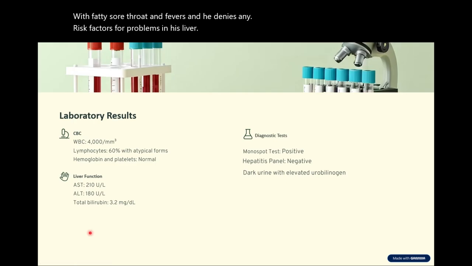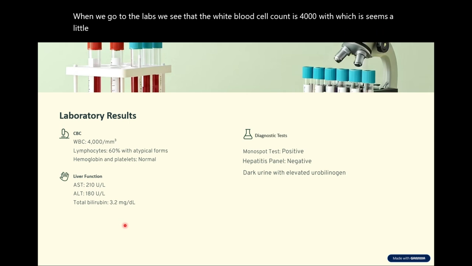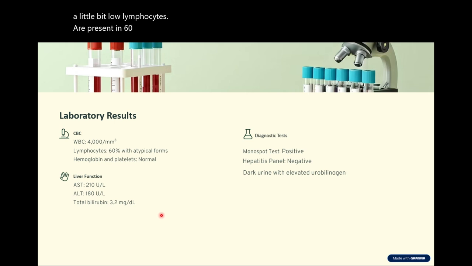When we go to the labs, we see that the white blood cell count is 4,000, which seems a little bit low. Lymphocytes are present, and 60% of those lymphocytes are atypical forms, and that is a very important clue.